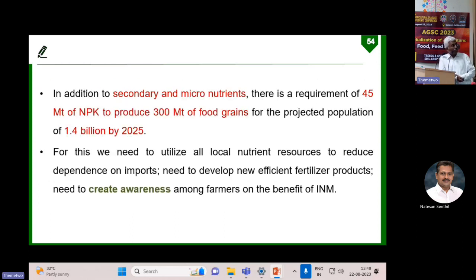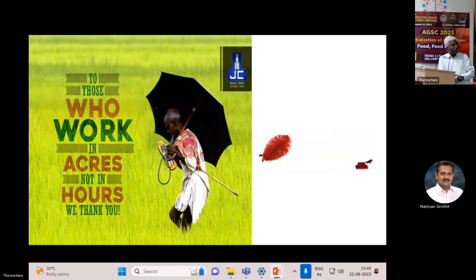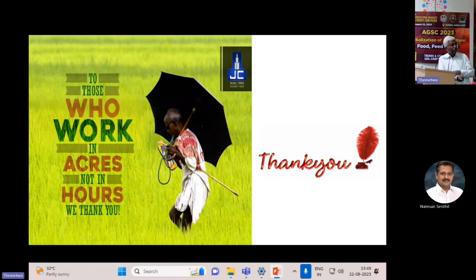This clearly indicates the need to go for secondary nutrients and micronutrients in addition to the major nutrients. These are some of the issues. I just want to share my ideas. Most of the things you may already know; it's nothing new. I just want to share some points about maintaining soil health.